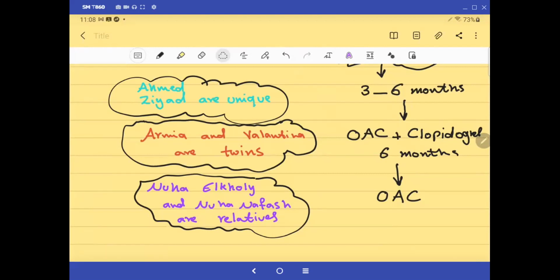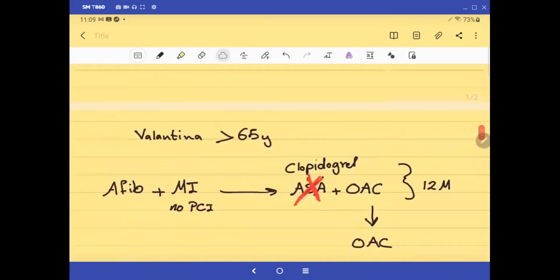And Noha Nafash, what was your treatment? For me was STEMI or non-STEMI and age above 65, so we go for oral anticoagulant. Noha, what was your age? I forget. Under 65? Yeah, sorry, I was looking for another thing.